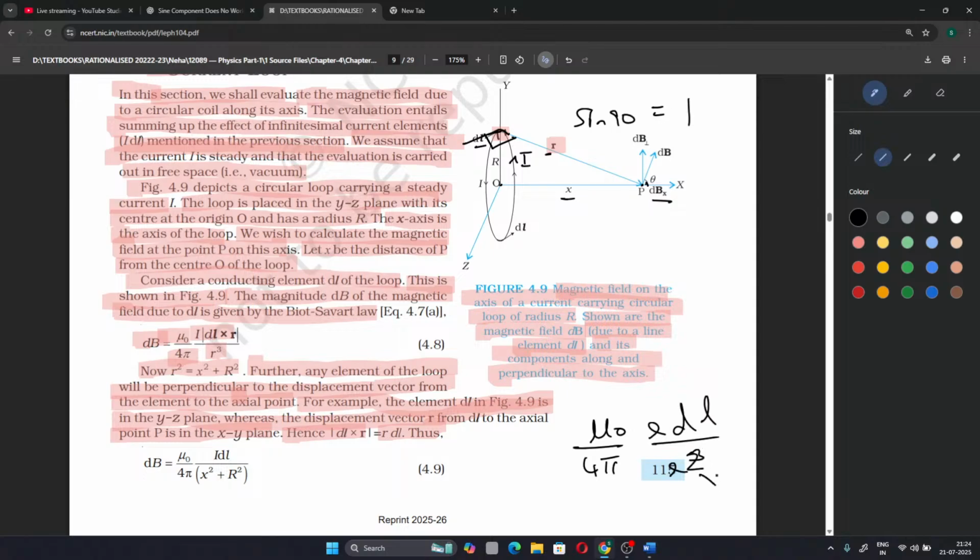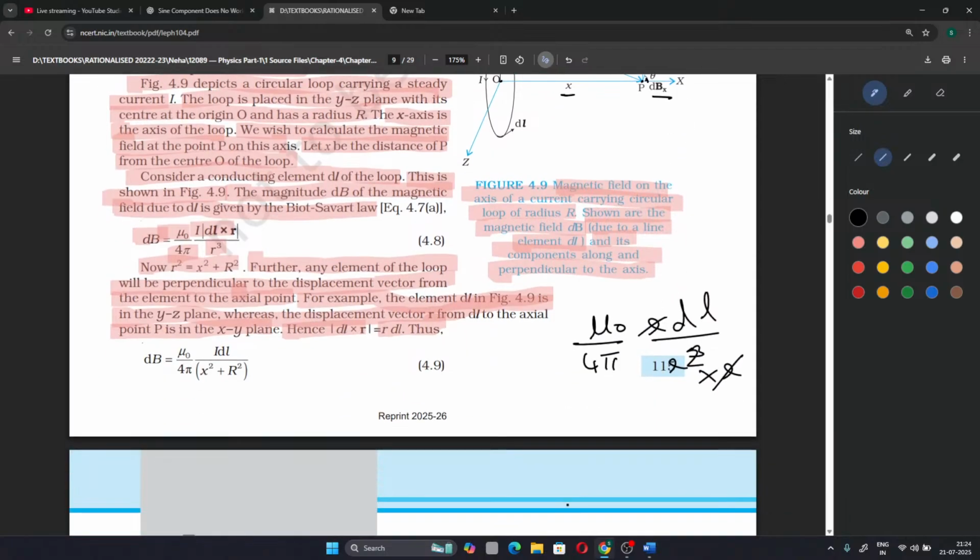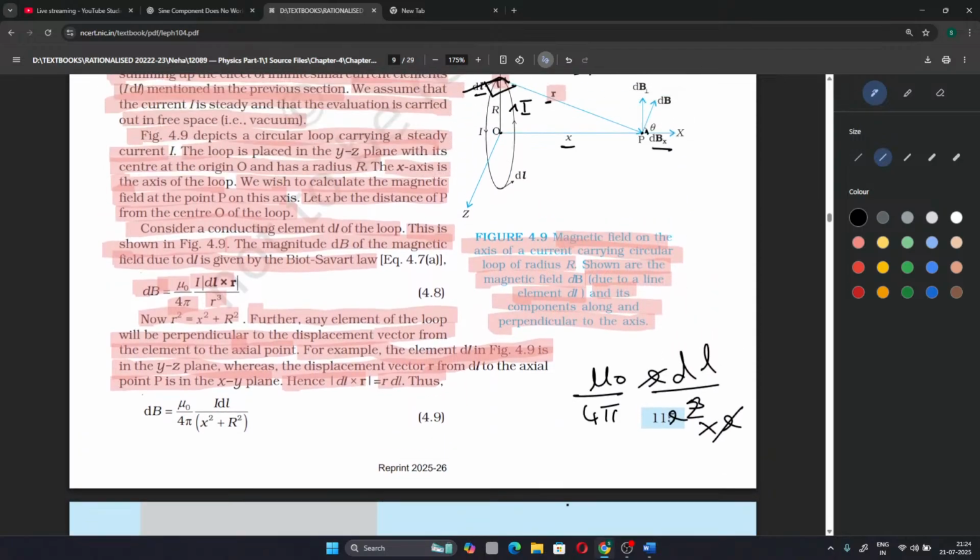The r square times r cancel, giving mu naught by 4 pi, I dl by r square. We know that r square equals x square plus R square. This is based on the Pythagoras theorem, and we will get dB equals mu naught by 4 pi, I dl by x square plus R square.